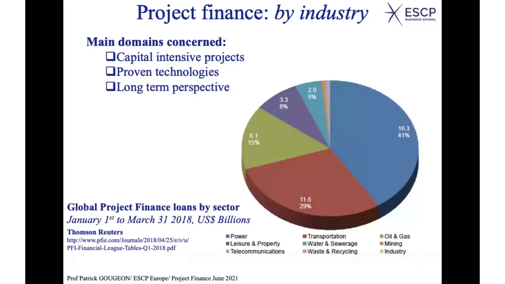And remember what we said: you have to make sure that cash flows are highly secured. If you use a technology which is not proven, then it's too risky, and project finance will not be used. So you really need to make sure that those developing the project have expertise, and that to a certain extent the technology is proven, meaning it has been developed already, there is good control of it, and therefore most of the technological risk is reduced.